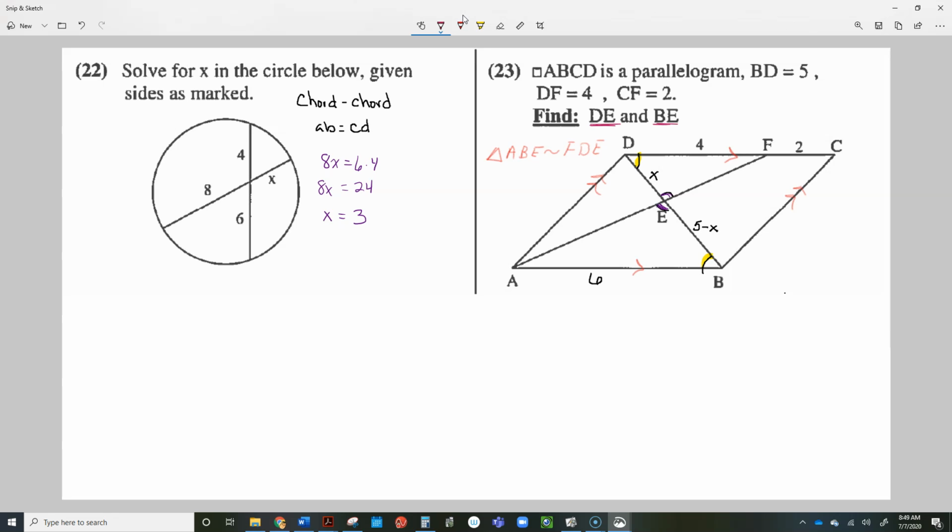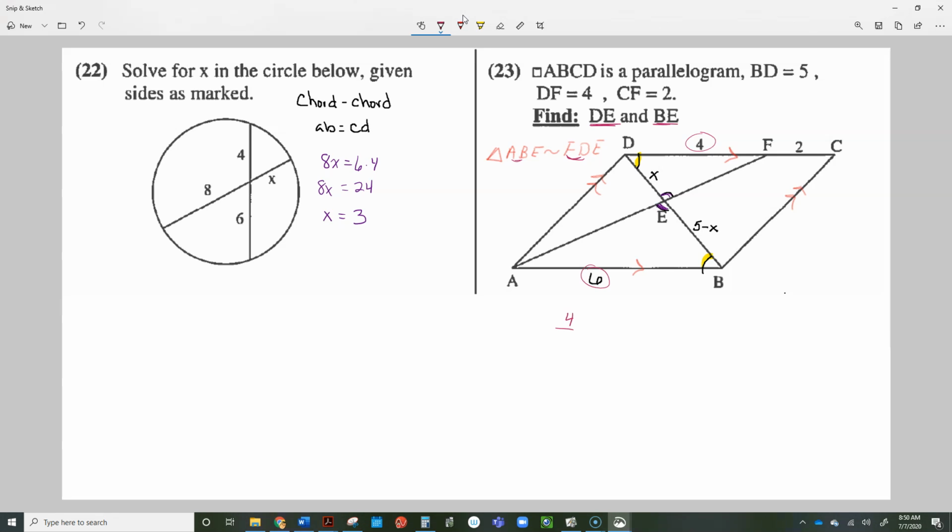So we need corresponding parts so that we can get a scale factor, and we can see that DF, a part of the smaller triangle, this one right here, is going to correspond to AB. So DF, which is 4, corresponds to AB, which is 6.